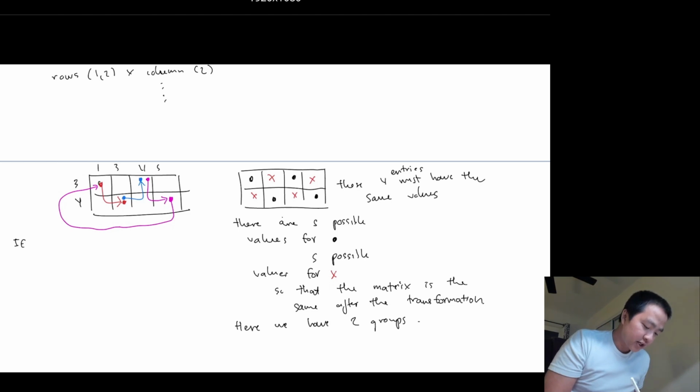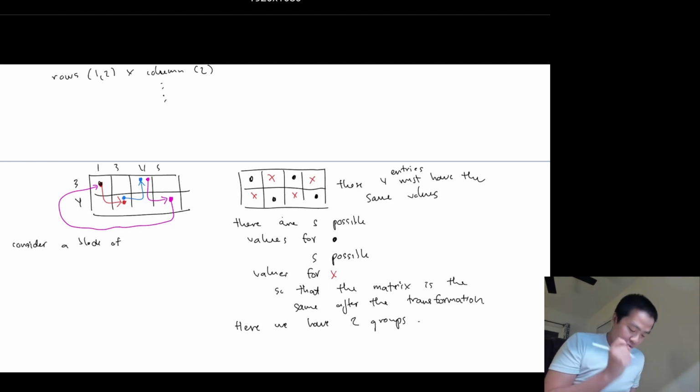Let's say we start here. Consider a block of, let's say, alpha rows and beta columns.